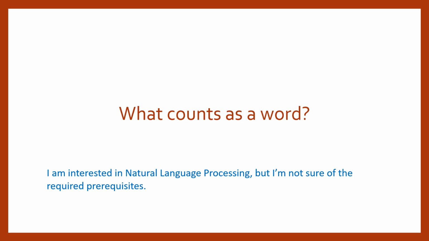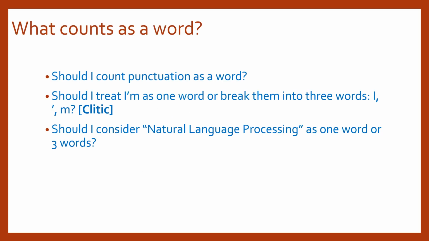But let's begin with the simple case, where I mention that I am interested in natural language processing, but I'm not sure of the required prerequisites. Now, in this given sentence, the question is, what are the things which can be counted as a word?